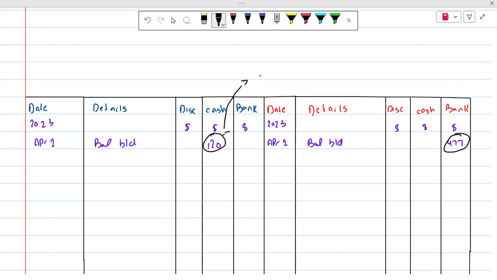This is your written balance in your cash book. So that's why we will start to solve our question from April 3.